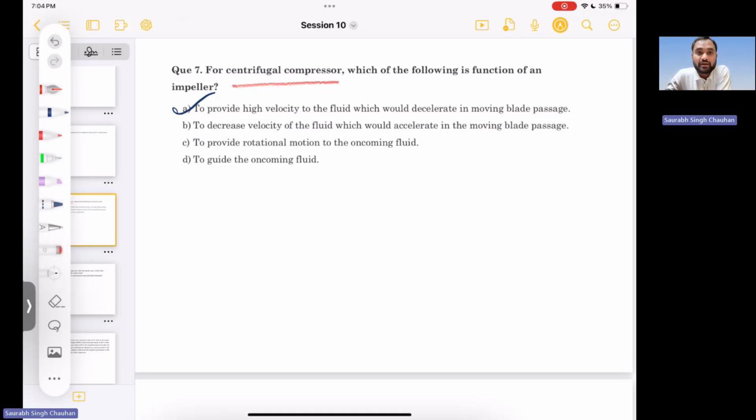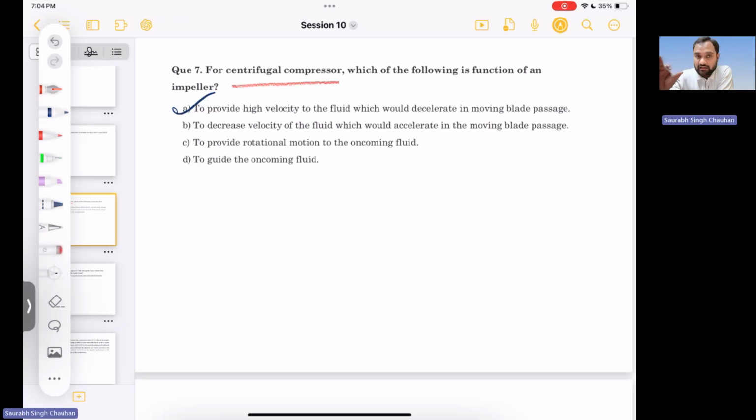Option C says to provide the rotational motion to the oncoming fluid. Well, yes, it is providing some rotational motion because the fluid is coming axially, and then it is rotating, and then at the exit it is going radially outward. So in between, yes, it was rotating, but that is not the purpose of the centrifugal compressor. The purpose of the centrifugal compressor is to increase the pressure. And how is that pressure increased?